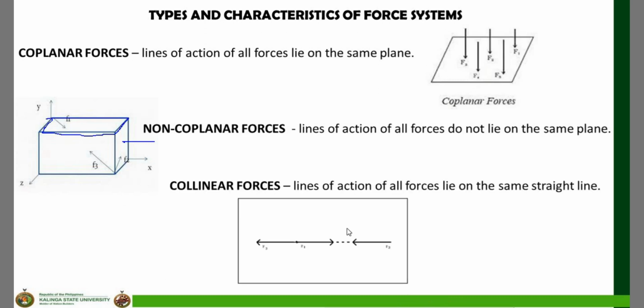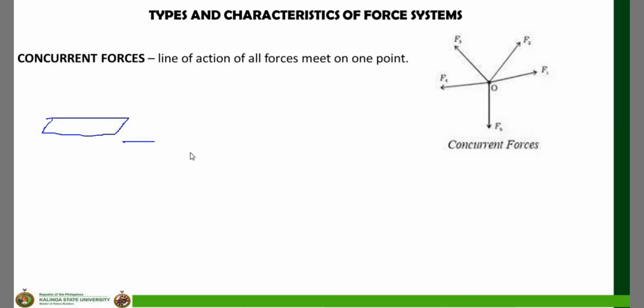Collinear forces, line of action of all forces lie on the same straight line. And concurrent forces, ito yung mga forces wherein they meet at the same point. So, as you can see there in the diagram, forces F1, F2, F3, and F4, magkakaiba sila ng direction, pero iisa lang yung kanilang point of intersection.